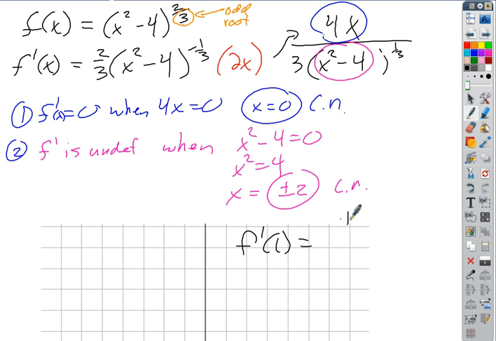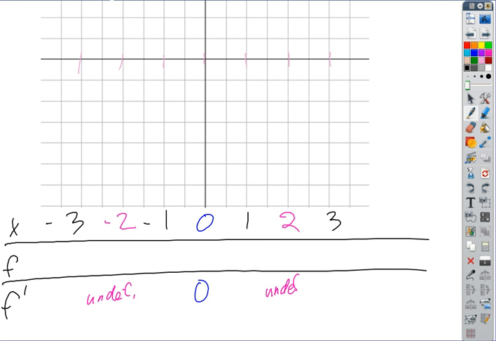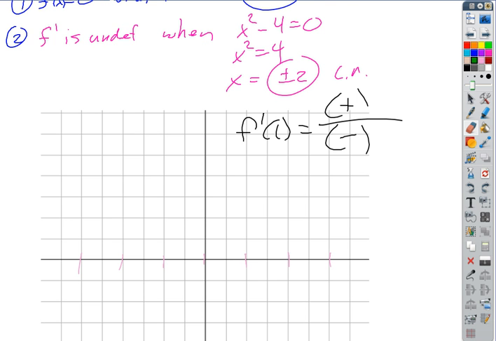Divided by, when x is 1, we get the cube root of a negative, which is negative. So this is negative. Let's real quick do 3 so we can get one of these done. If I plug in 3.